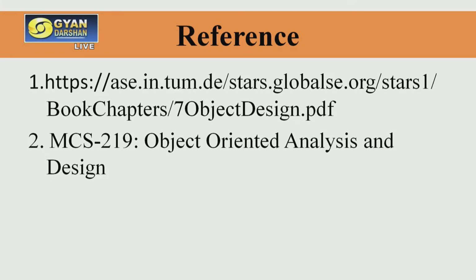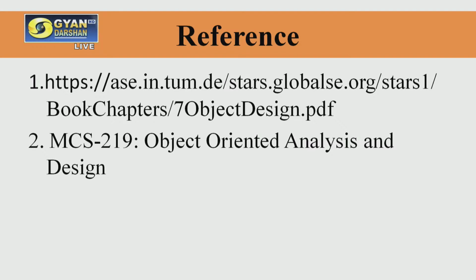You can see the references. There is one book chapter here, and the web link of that chapter is given. This chapter very nicely describes what object design actually means. It gives certain diagrams, and those diagrams are useful when you are trying to deep dive into the object oriented design concept.